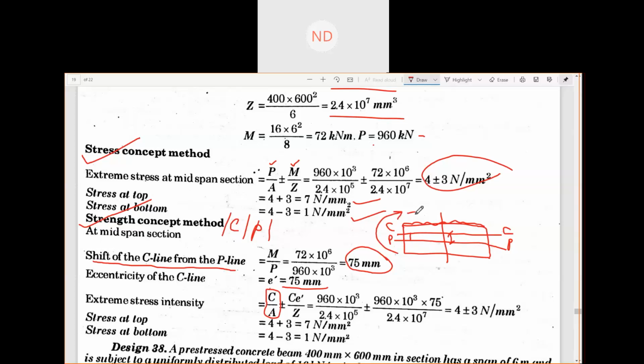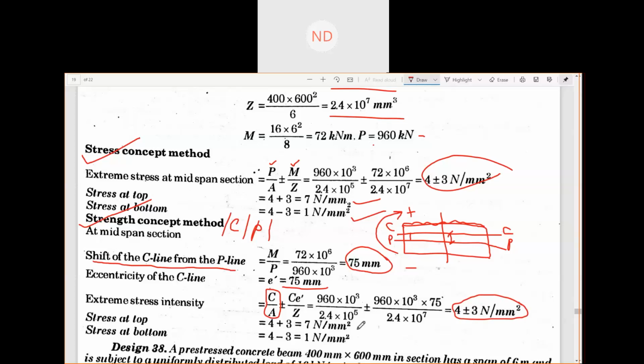So it is plus, compression at the top and minus at the bottom, so plus minus C e by Z, that is the moment or the stress due to this eccentricity. So our total stress we got is 4 plus minus 3 Newton per mm square.